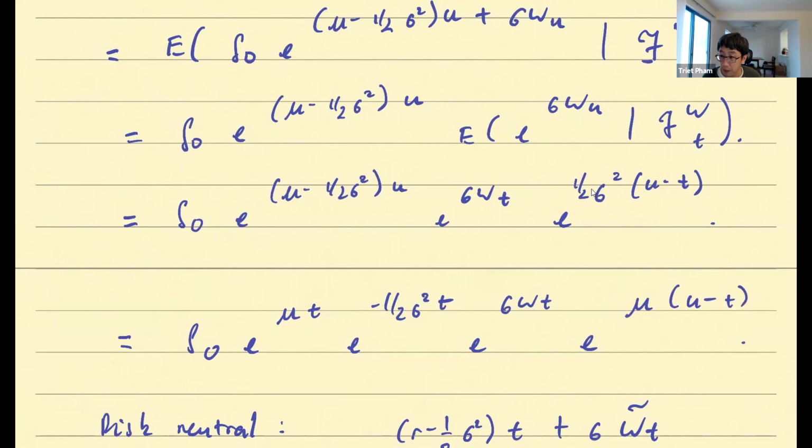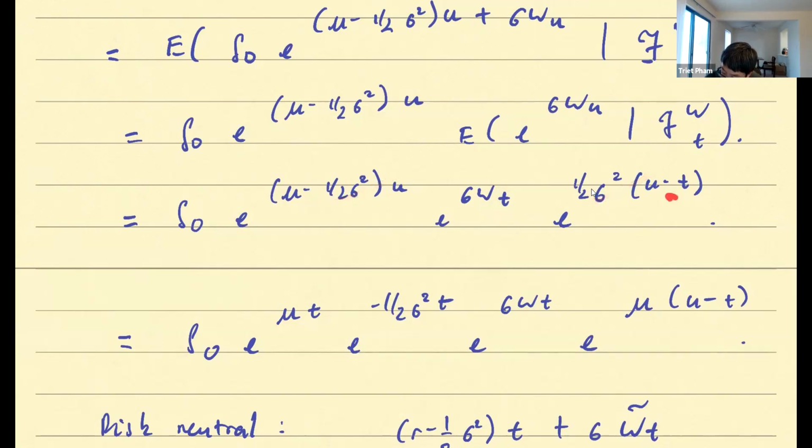Is that okay? So there's a better way to do this. I will redo this. This is not a very intuitive way to do this. This is mathematical. But again, my mistake was writing WU here instead of WT. So sigma square u here cancels with sigma square u here.